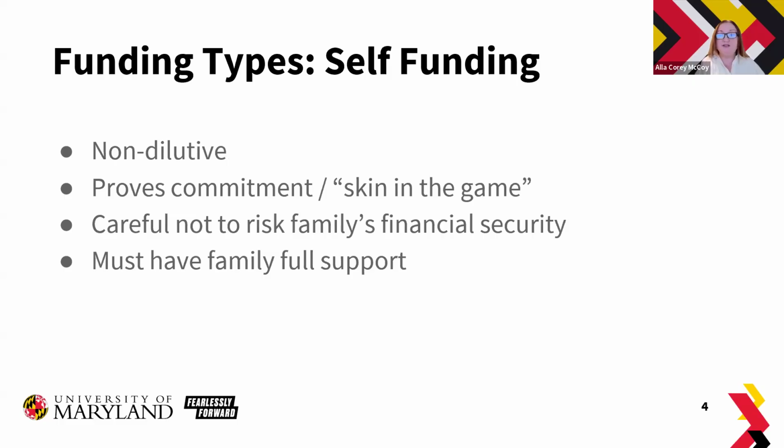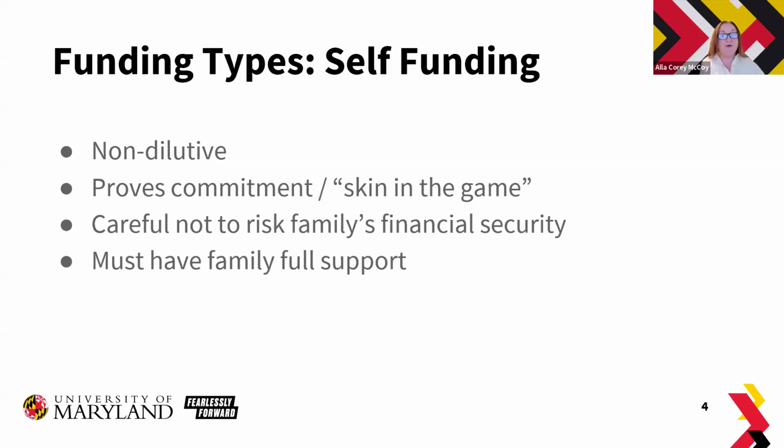Usually the very first funding in any new company is money provided by the co-founders. It's also called self-funding. Obviously, it's non-dilutive because you own the company and it's your money. It is very important to have at least a little bit of money in your company because it shows commitment to future investors, sort of skin in the game.